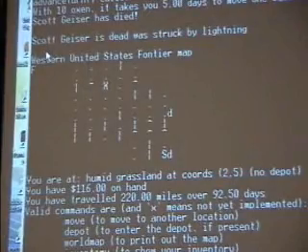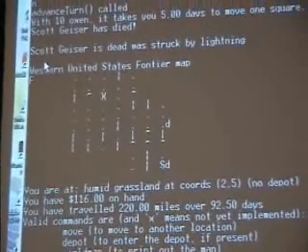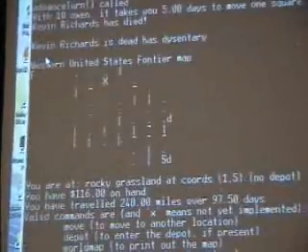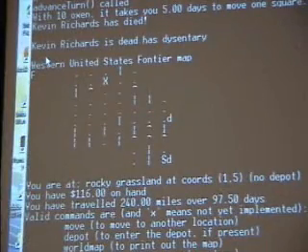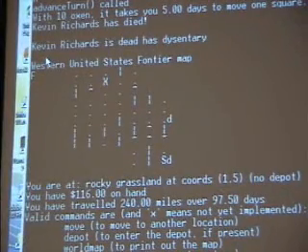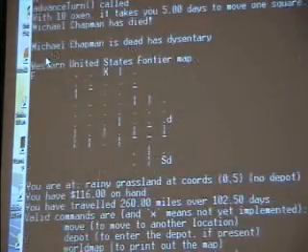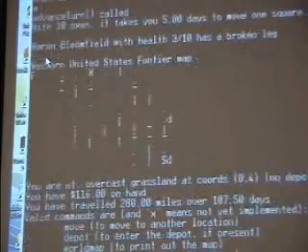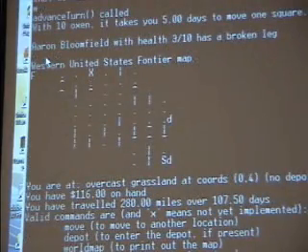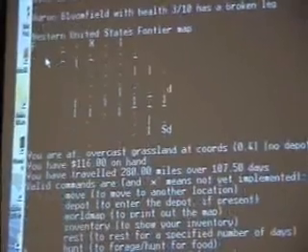Oh, Scott's corpse was struck by lightning. Yeah, Kevin died again. I think we'll have to fix that bug. Ooh, I have a broken leg. I think I'll rest for a bit.